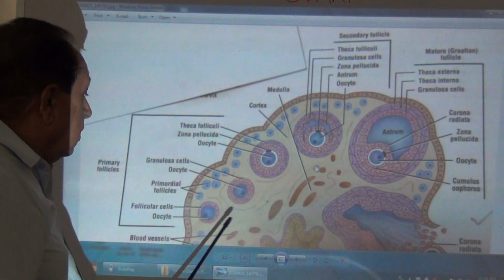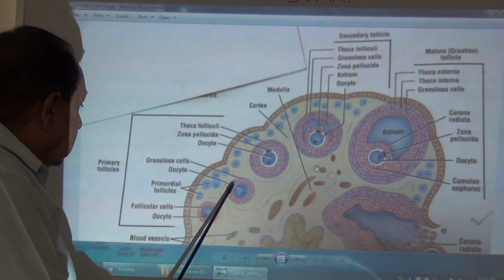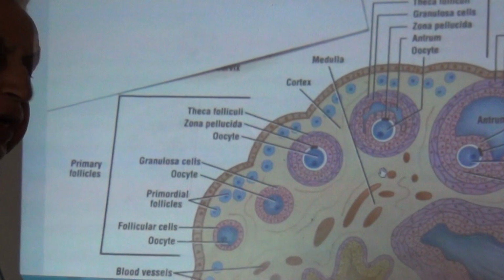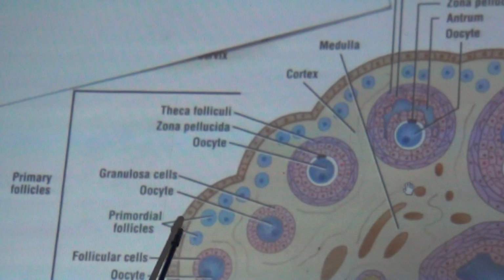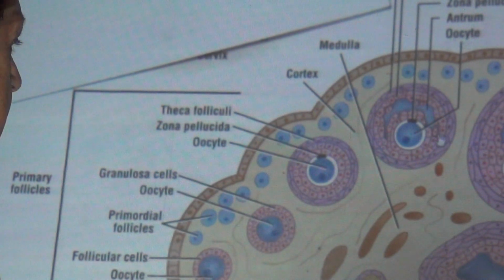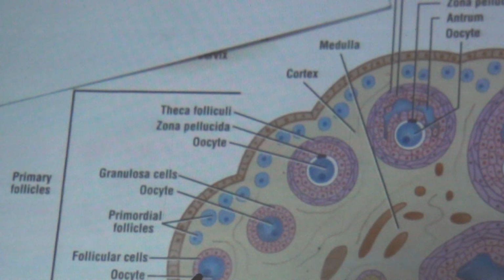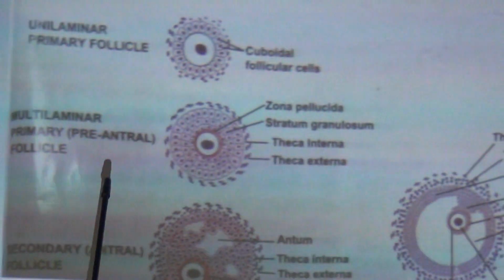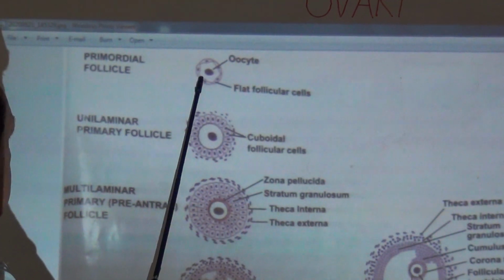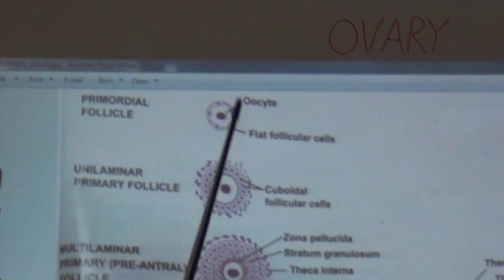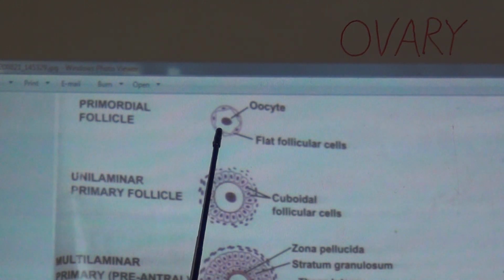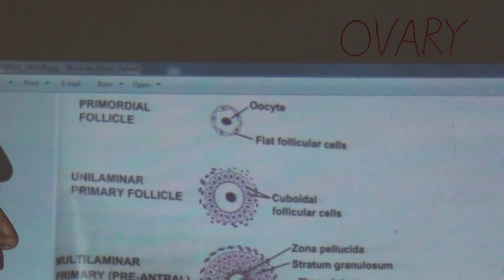Now, first of all, about the primordial follicle. Now, this primordial follicle here, in the center has an oocyte with a nucleus in the center, and this oocyte is lined by squamous cells.